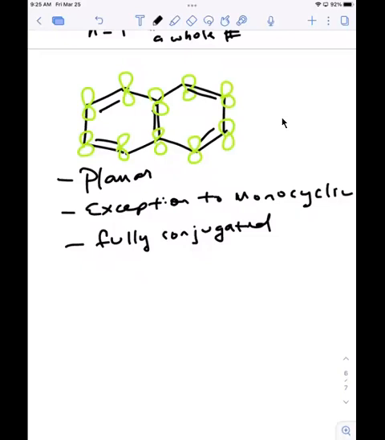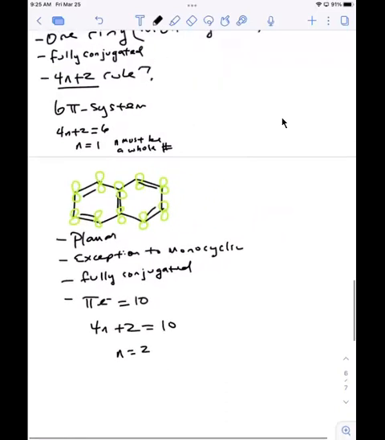So how many pi electrons are here? Good. We've got 10 pi electrons, so we're going to set that equal to 4n plus 2 and solve for n. In this case, n is going to be 2. Is that right? As long as n is a whole number, it meets the 4n plus 2 rule. So naphthalene is aromatic according to the rules.